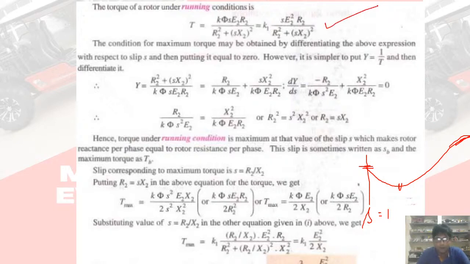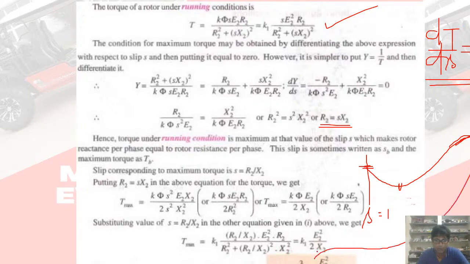If you take the instantaneous torque equation and differentiate this torque with respect to slip, and equate it to 0, you will get all the extrema. If you do that, then it arrives at R2 equal to plus minus sX2. If you put that, then your maximum torque, that means the pull out torque, is converted as this.